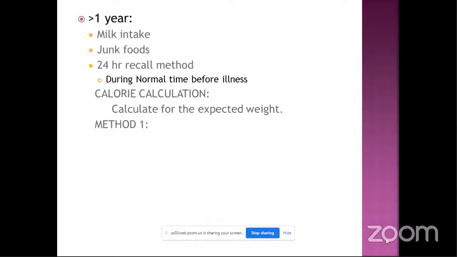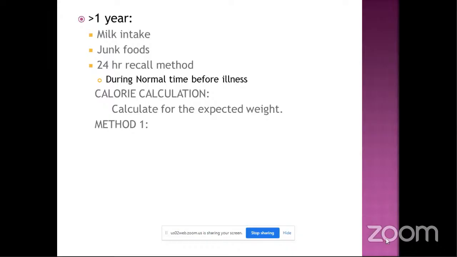When the child is more than 1 year, it's always a 24-hour recall method. That is, a child who was having a full diet at the normal time, not during the illness but just before the illness, what was the diet the child had. Say, for example, if the child is having fever for 2 days or so, before that, what was the 24-hour diet, what the child was taking, has to be taken in a detailed manner.